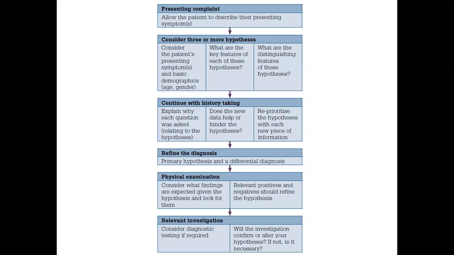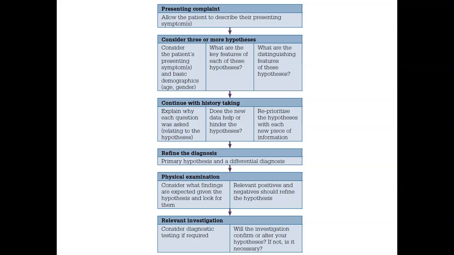As you begin to ask more historical questions, so notice the 3rd block is continue with history taking. As you begin to develop that HPI, you need to be asking questions that are going to separate, and that are either going to prove or, more likely, disprove those 3 things that you told yourself initially, this is what it's going to be.